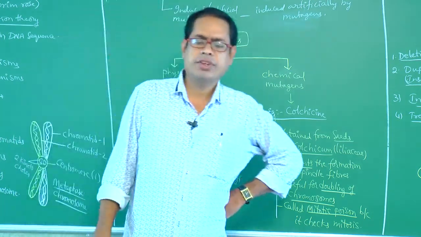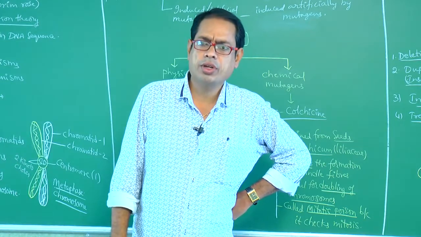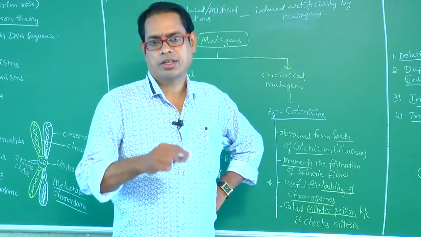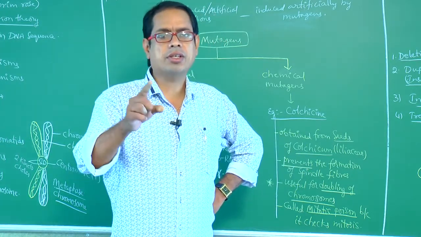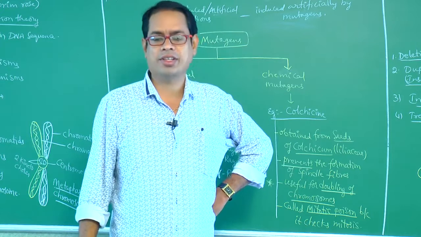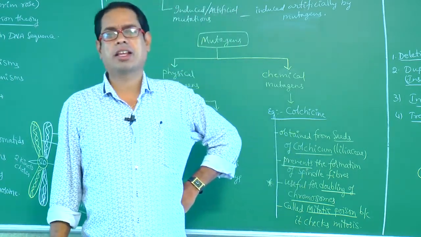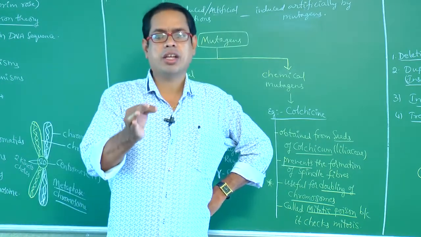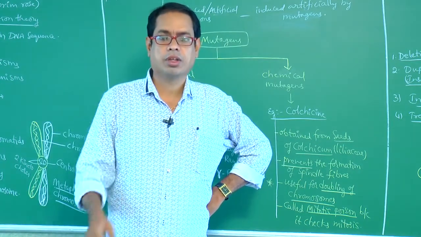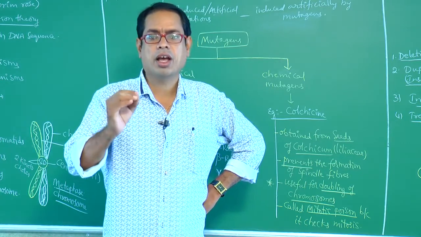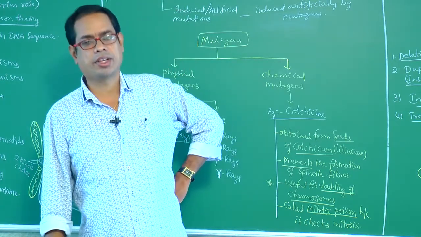In which phase does the formation of spindle fibers occur? That means metaphase. Initiation of spindle fibers occurs in prophase; those points will come in cell cycle and cell division. Formation of spindle fibers occurs in metaphase.